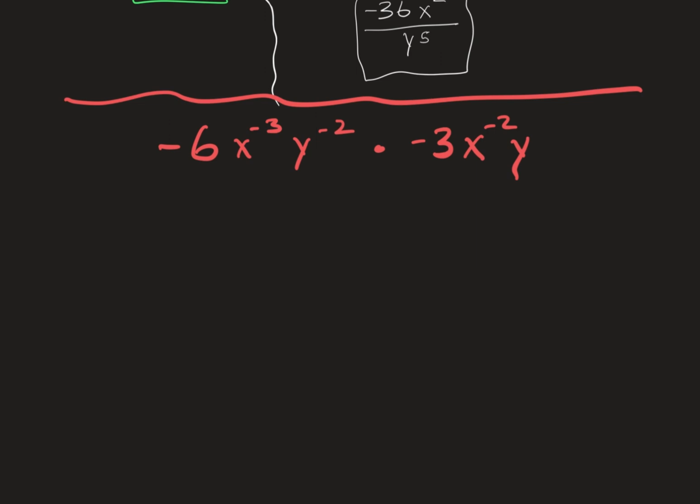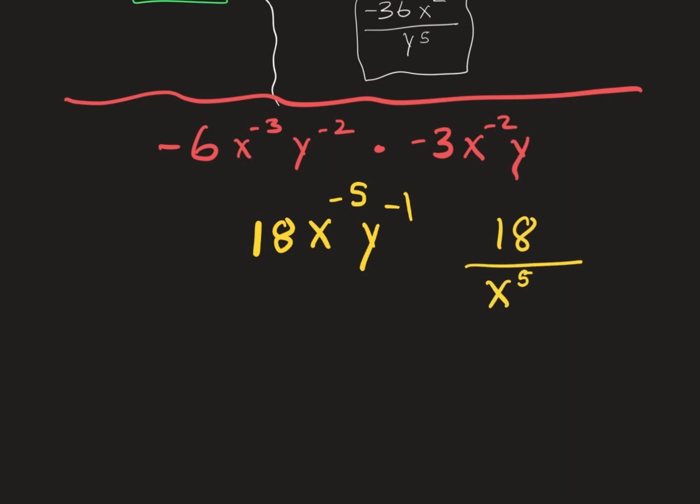Negative 6 times negative 3? 18, x to the negative fifth, y to the negative 1. So that's 18 over x to the fifth y. Again, it's negative 3 plus negative 2, and the y value is negative 2 plus 1.